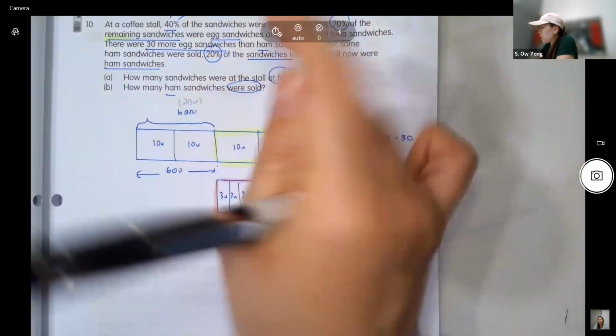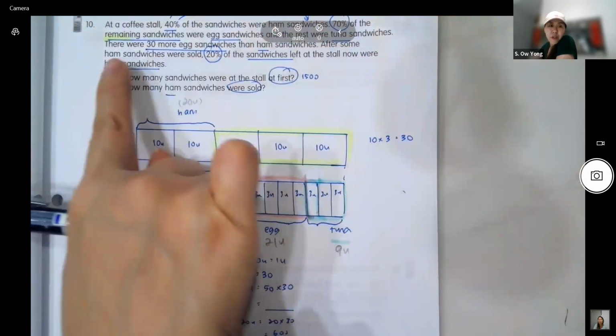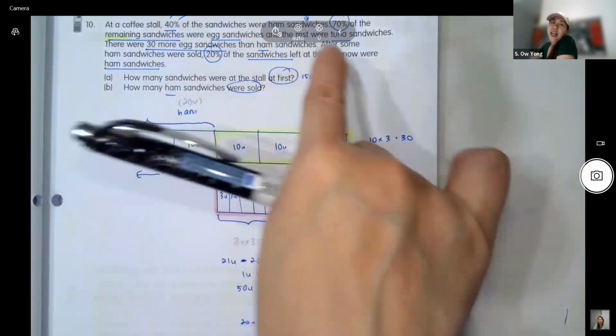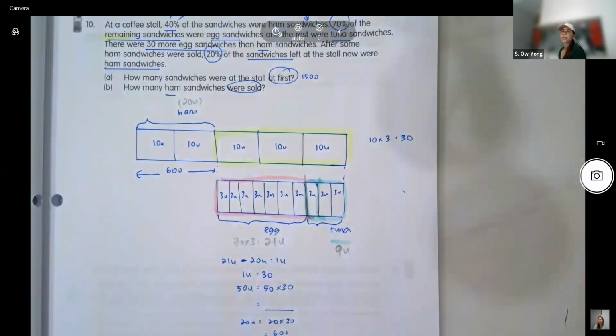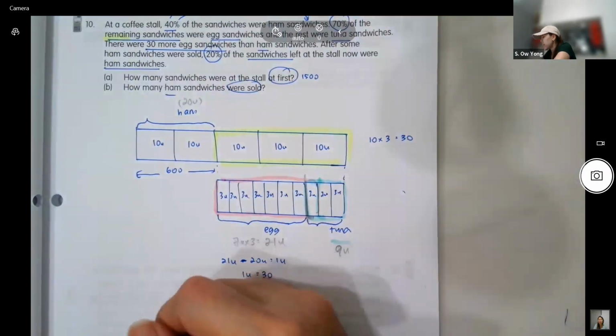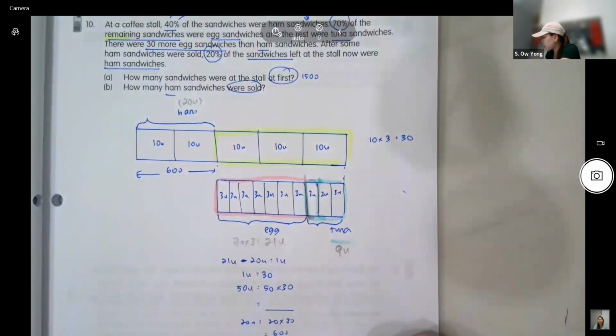Then now we tackle this one. They say after some ham sandwiches were sold, 20% of the sandwiches left were ham sandwiches. So 20% of the sandwiches left were ham sandwiches. What is the other 80%? There is a new 100%, you know. In your new 100%, 20% left are ham.